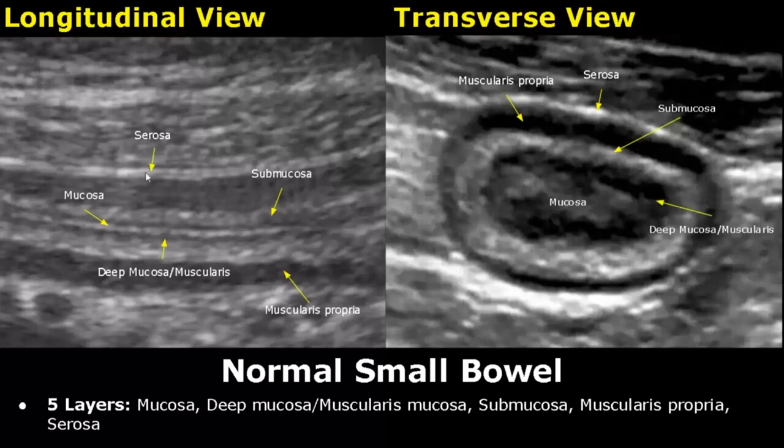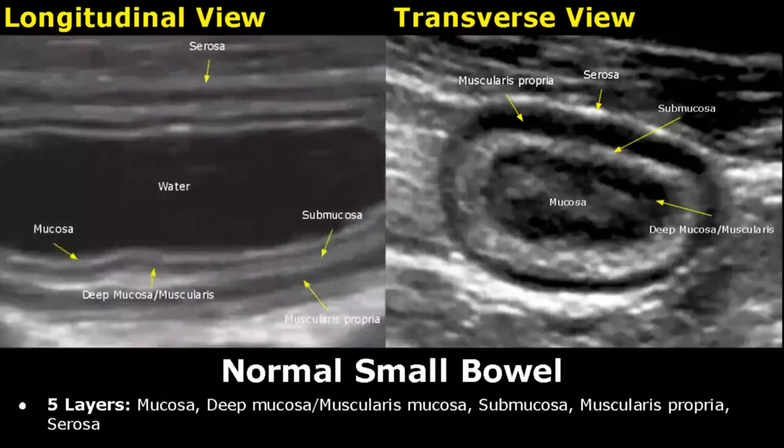And finally, the outermost fifth layer is serosa. It is hyperechoic. We may not always see all 5 layers as they can be compressed by the probe or the nearby mesenteric fat, or if they are filled with fluid or intraluminal contents.